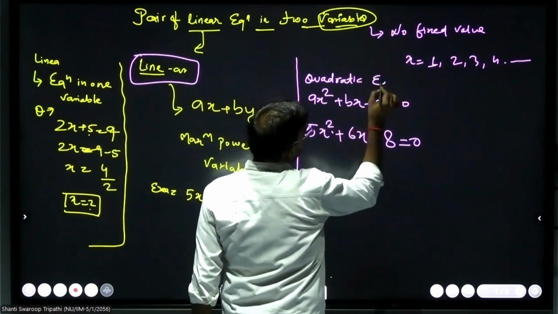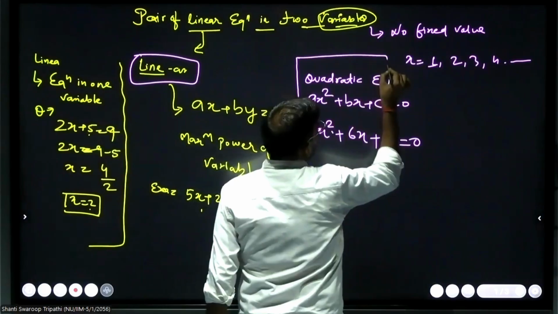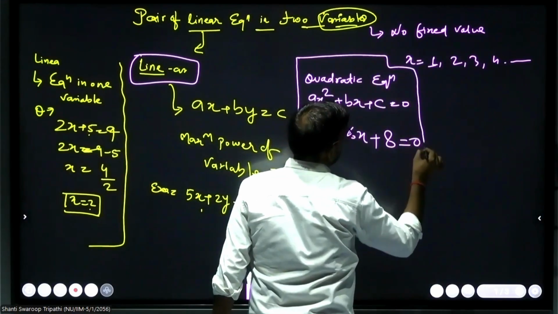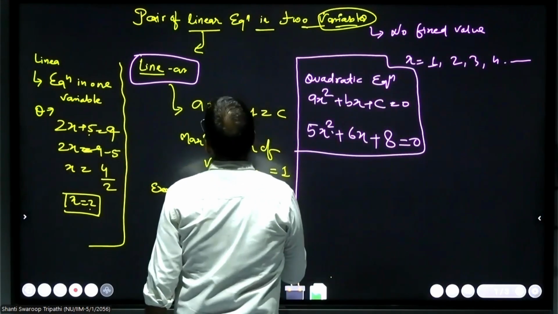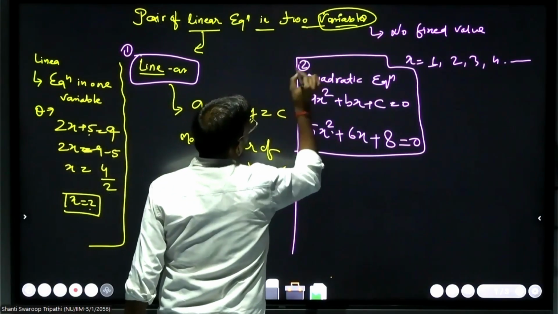That is called the quadratic equation. Okay, this was your first point. This was your second point. And going to the third point.